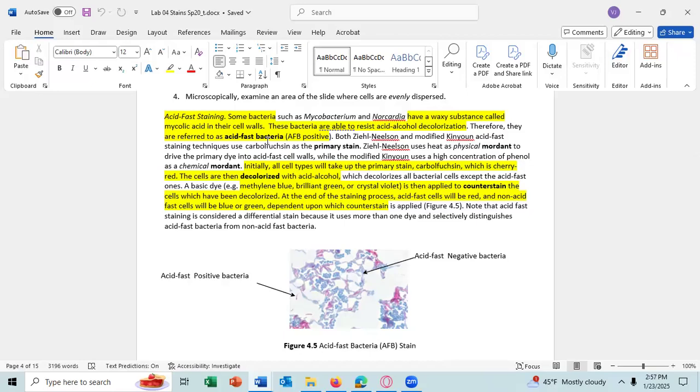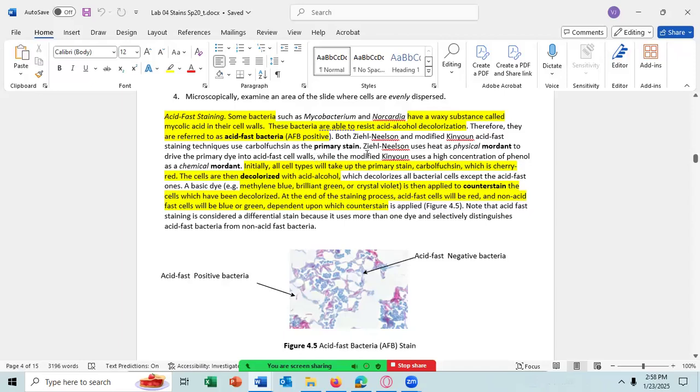There are two acid-fast stains, the Ziehl-Neelsen and the Kinyoun. They both use carbol fuchsin as the primary stain, but they use a different mordant.